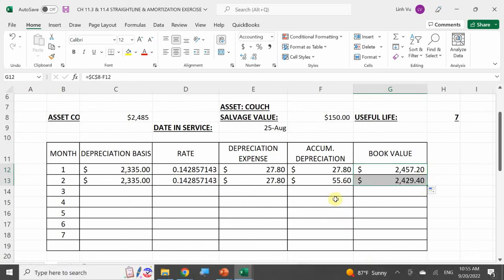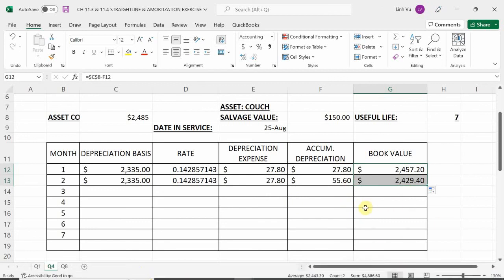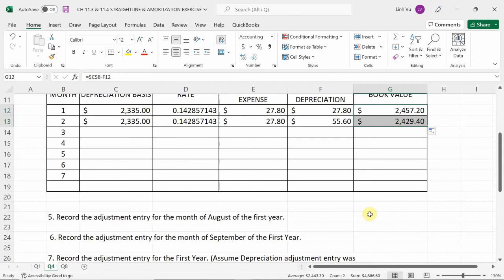No. $2,429.40. Yes, because remember, we're not taking from book value. We're taking from the asset cost of $2,485. Right?